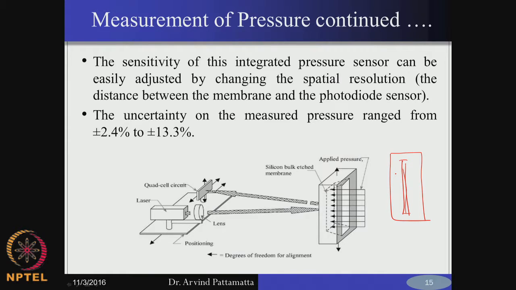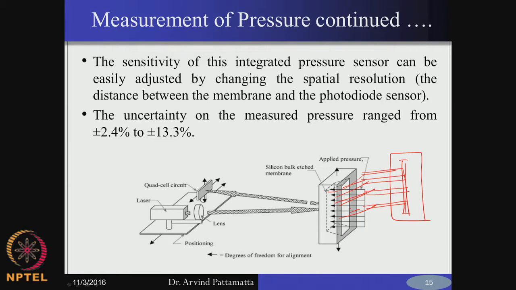Then the fluid locally will be exerting the pressure onto the membrane directly. You can also make ports and connect them to different points on the membrane. So, it depends on how you want to do it.